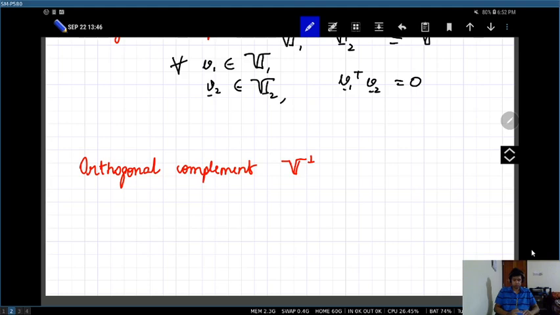Among orthogonal subspaces, there are other special classes, and these are orthogonal complements.